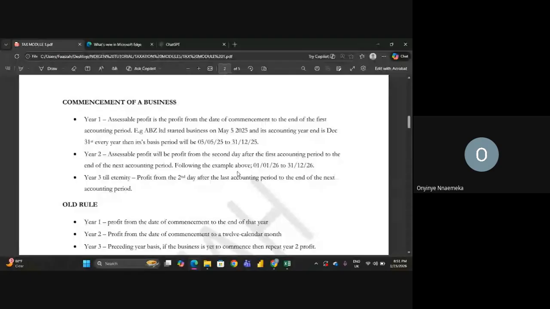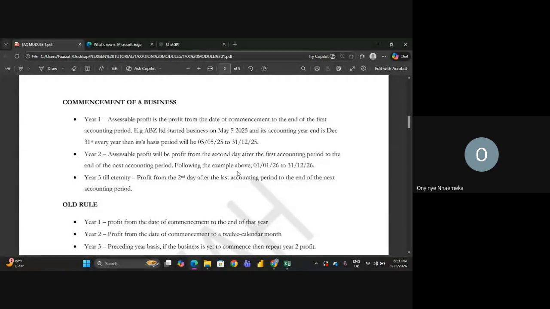So now let's talk about commencement of a business. When you commence a business, there's a high chance that your first financial statement would not have 12 months. For example, what if you commence in April, or May, or August, February, those kinds of dates that differ from January.